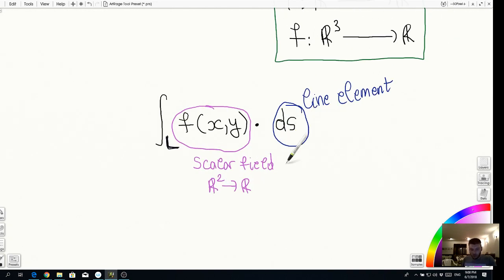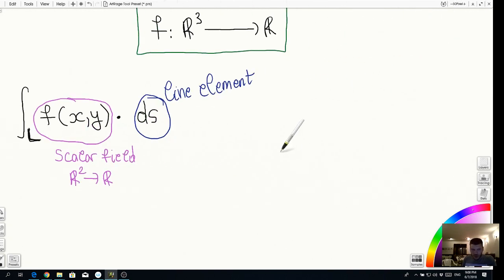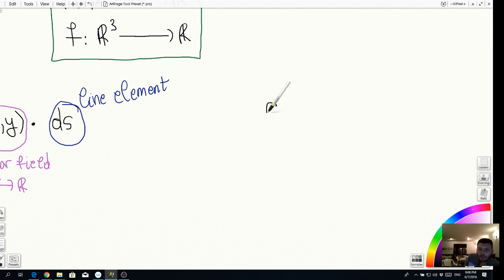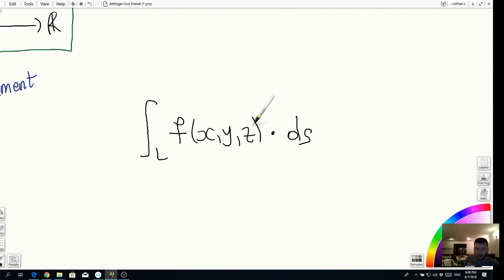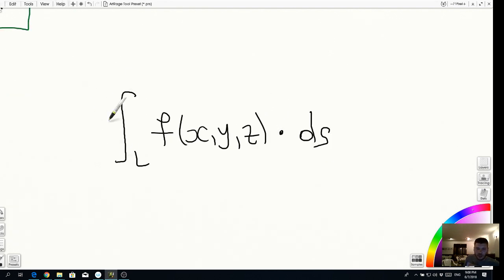Okay, let's proceed to three-dimensional case. We note 3D line integral in this fashion, and this is also notation for integral over some curve L, and curve is in three-dimensional space.